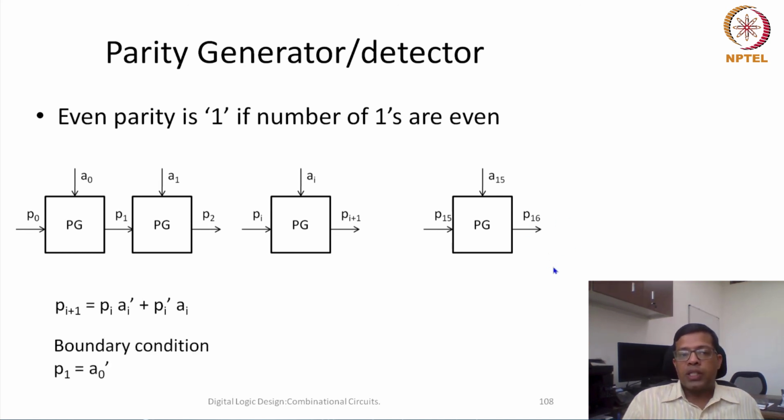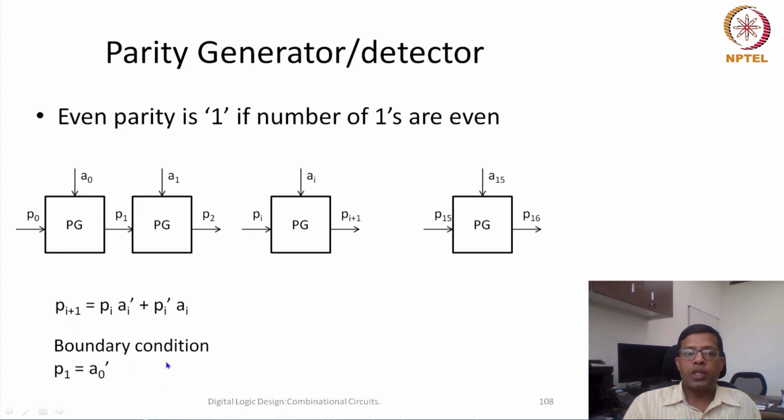Now what about the boundary conditions? In case of the boundary condition, we have to consider whether the number of bits were even or odd, because 0 is considered even in case of binary. So we have to say that the previous parity p0 is 1, so that means my p1 is going to be a0 dash.